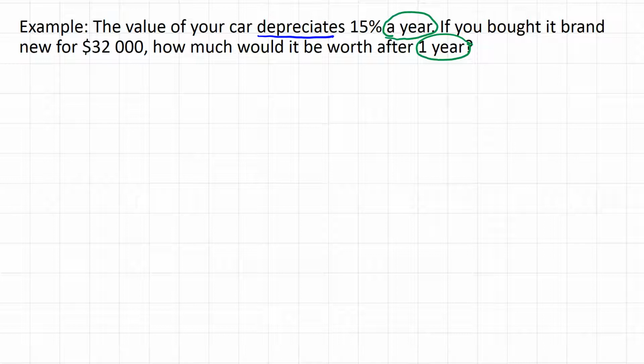So we're really asking, what is 15% of $32,000? 15% written as a fraction is 15 over 100. Of mathematically means can be translated to multiplication. So $32,000.